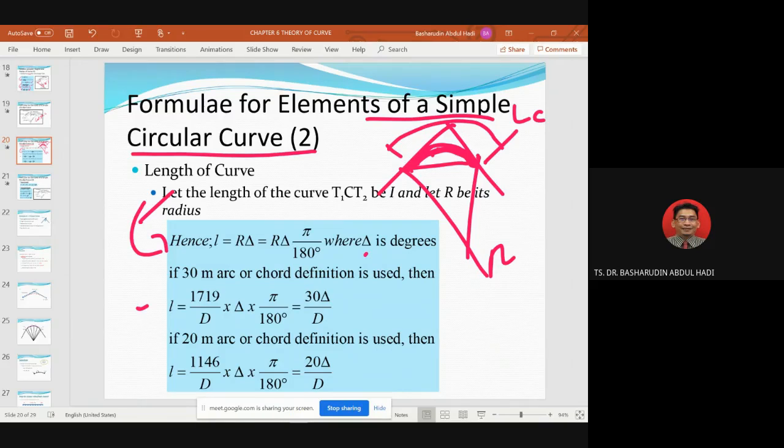Then L equals 1719 divided by D times your angle theta times pi divided by 180 degrees, equal to 30 times the angle divided by D. And if the 20 meter arc or chord definition is used, then L equals 1146 divided by D times pi over 180 degrees, equal to 20 times your deflection angle divided by D. This is the relationship formula for the elements of a simple circular curve.